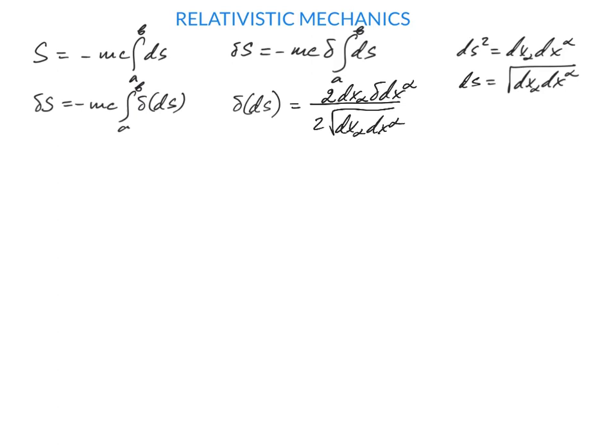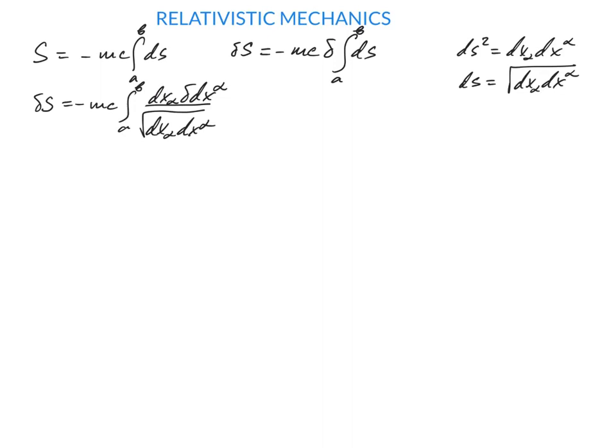Okay, now the factor 2 cancels out, so we can drop it, and then this whole thing goes into the integral here. Now the denominator here is just ds, so let's erase this and put ds here.